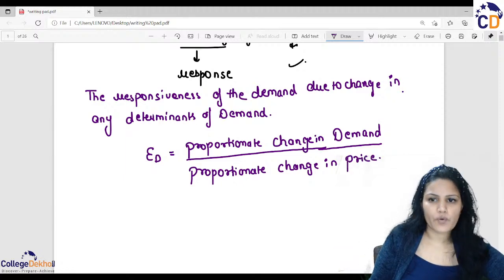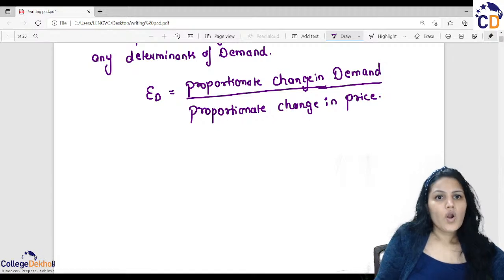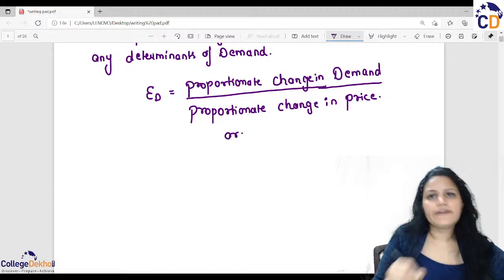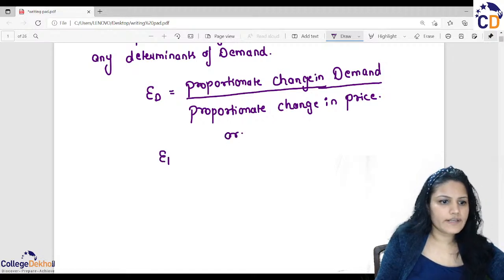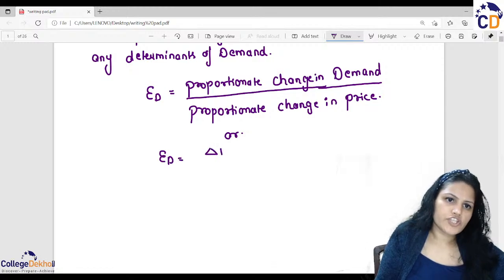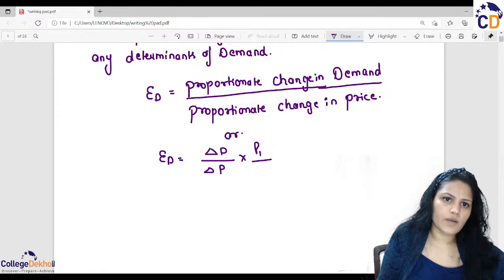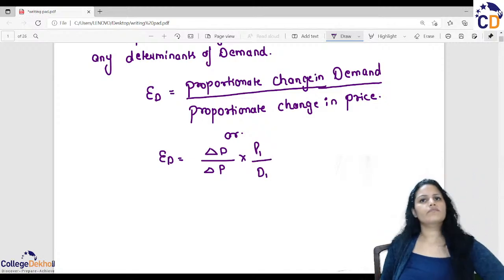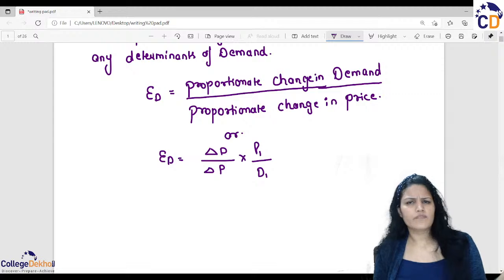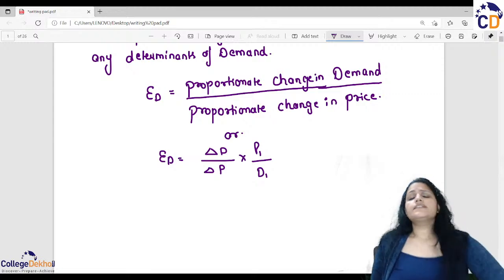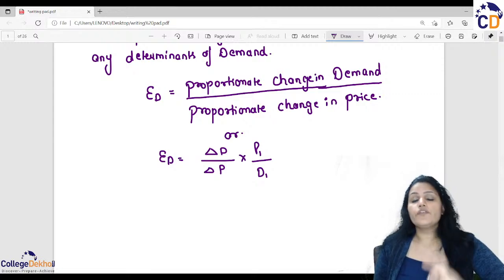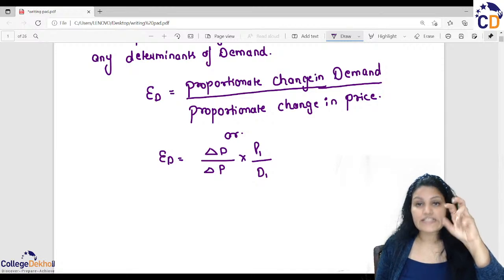So coming to the next point, this formula may be written as ED equals change in demand upon change in price, multiplied by P1 upon D1. Simple. This is the elasticity of demand, and we are going to check it on a percentage, proportionate basis.